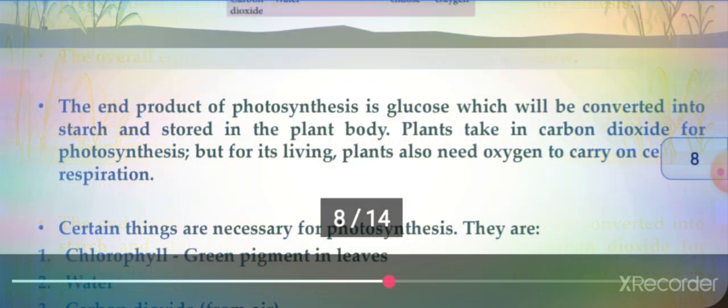Now listen, dear, the end product of photosynthesis is glucose, and this glucose is converted into starch and stored in the plant body. Likewise, we eat food, and the food is digested, and the glucose, amino acids, and fatty acids are absorbed by the villi and taken by the blood to the cells.